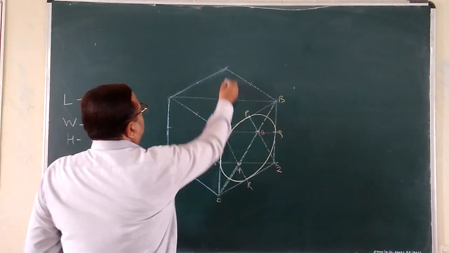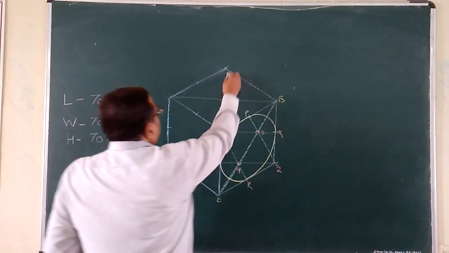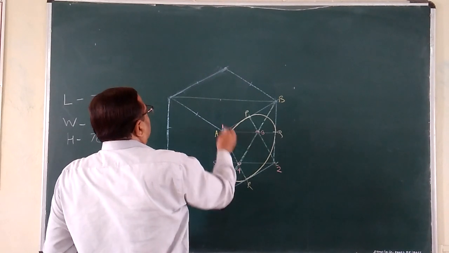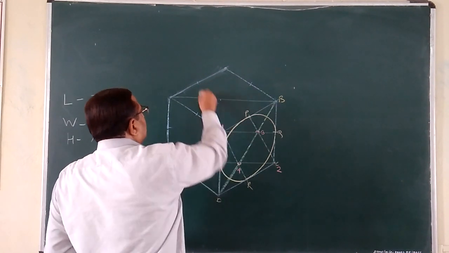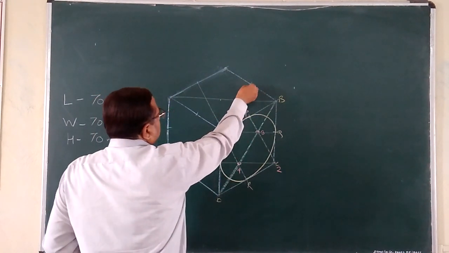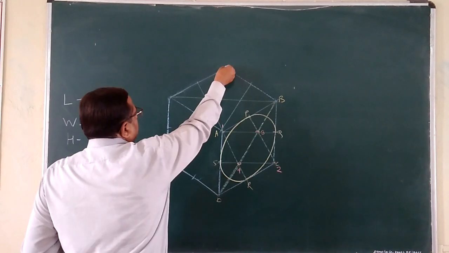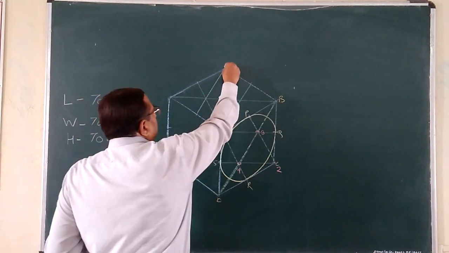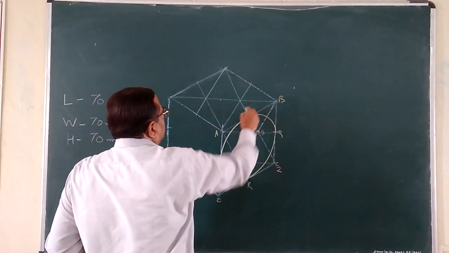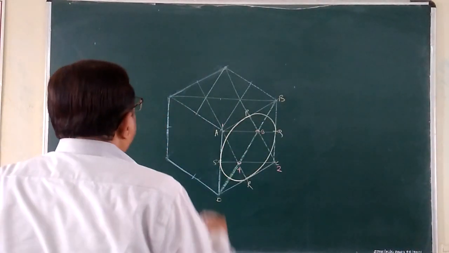After that, these are the corners of the small diagonal. To those corners of the small diagonal, you have to connect the centers of opposite sides. Similarly, this also you have to connect with the center of the opposite side. So naturally, all the four centers I have got here also.